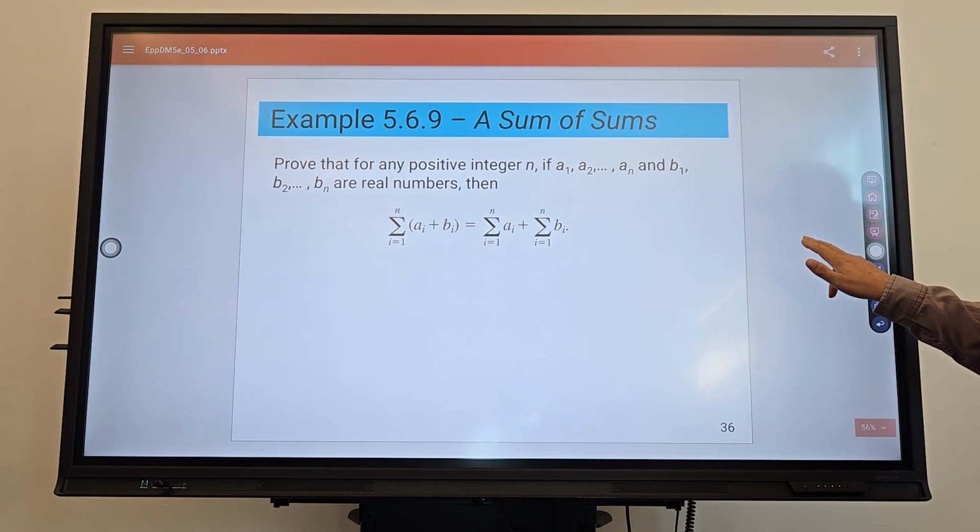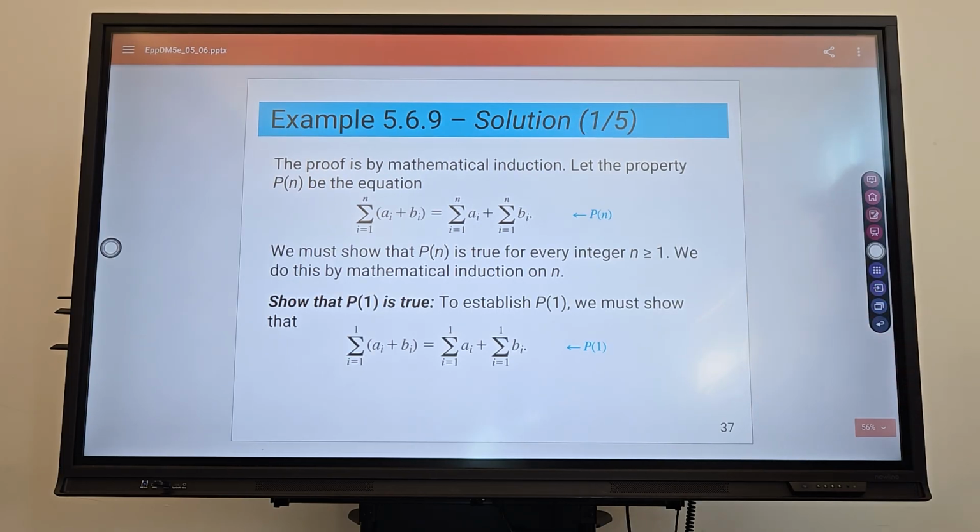Well, the proof is by mathematical induction. Let the property P(n) be the equation given here. We must show that P(n) is true for every integer n greater than or equal to 1. We do this by mathematical induction on n.